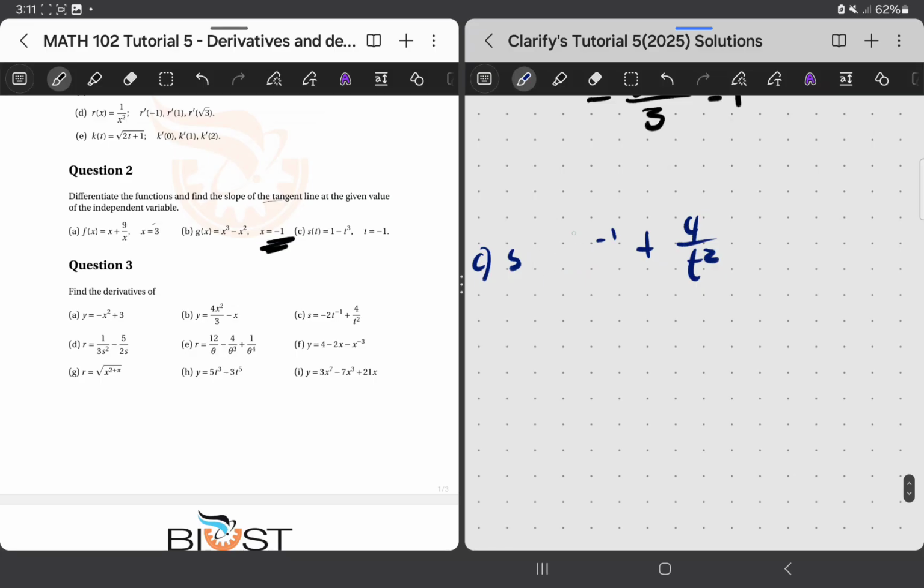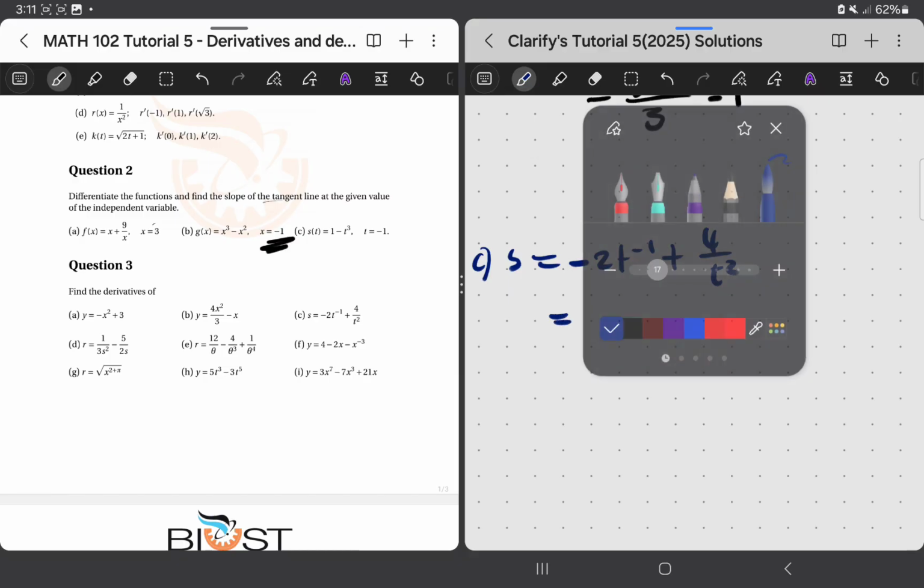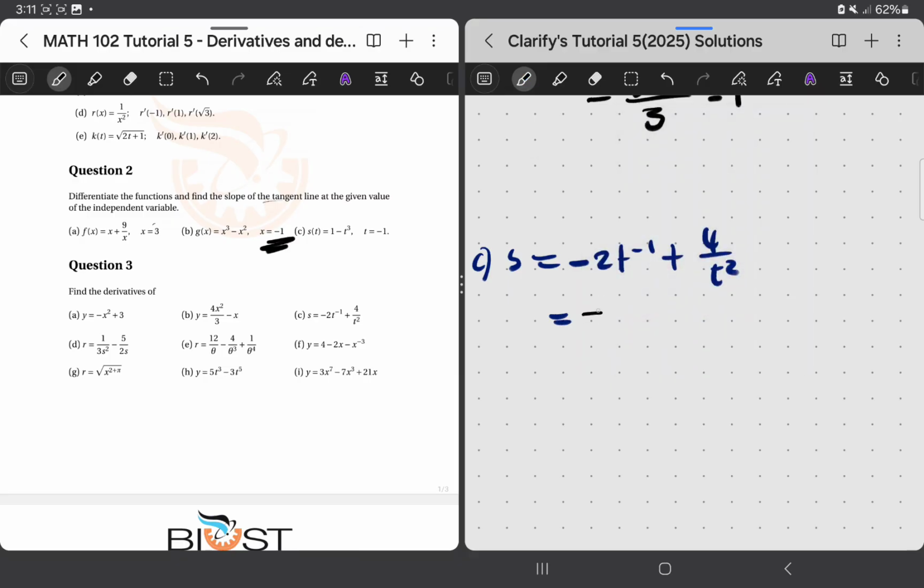So s is equal to negative 2t to the negative 1 plus 4 over t squared. Then we have to rewrite it to get rid of this t in the denominator. So it is negative 2t to the negative 1 plus, this becomes 4t to the, when you take something from the denominator and put it to the top, the power changes the sign. So it is t to the positive 2, it becomes t to the negative 2.